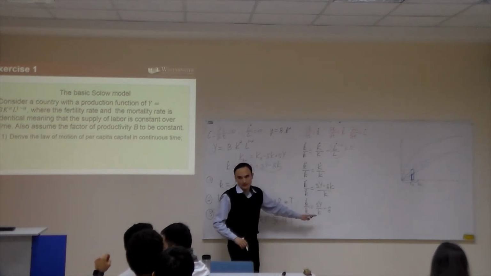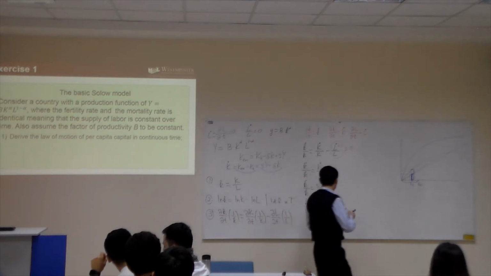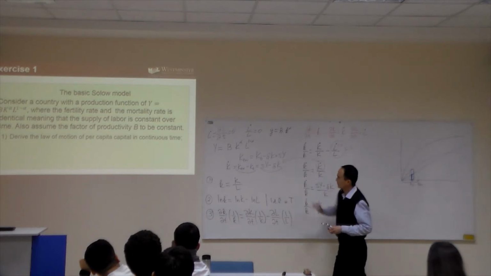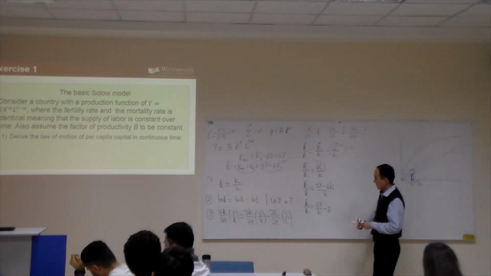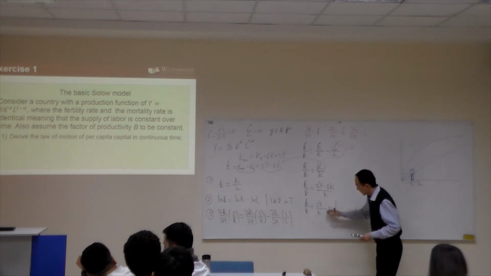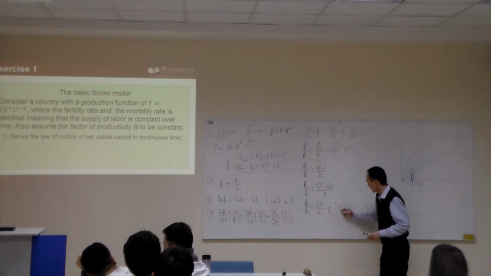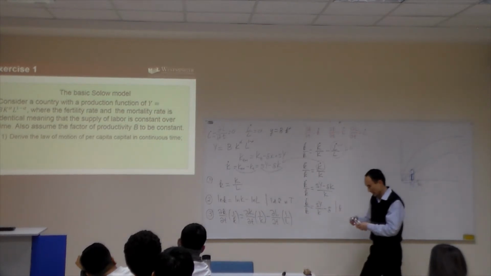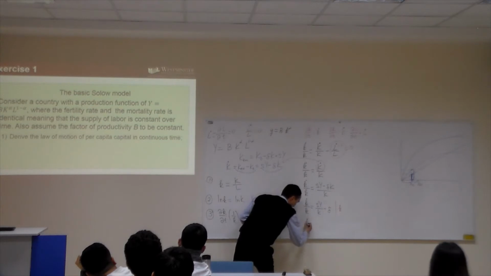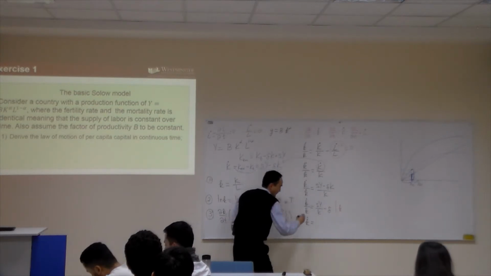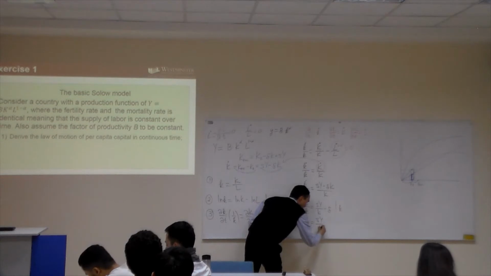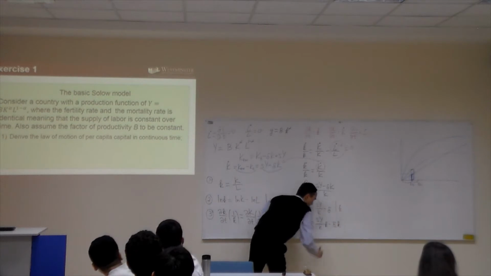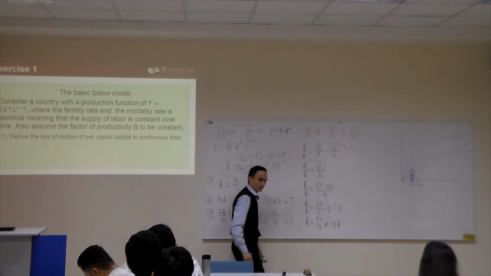So now at this step, what should you do? Here you have to multiply both sides of this equation by per capita capital, by this denominator. Then you will get change in per capita capital is equal to investment over capital times per capita capital minus depreciation rate times per capita capital.